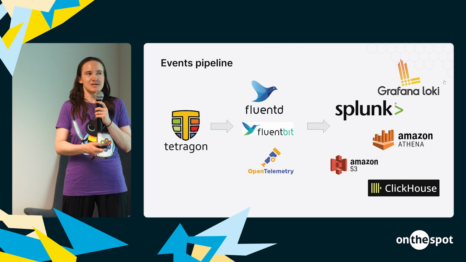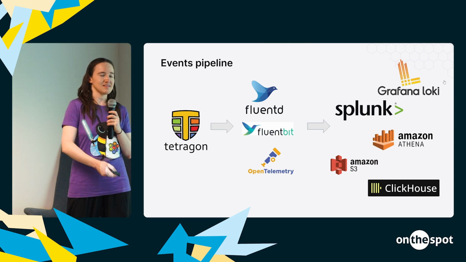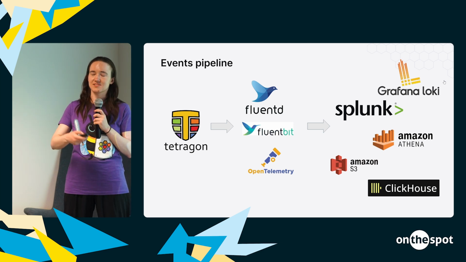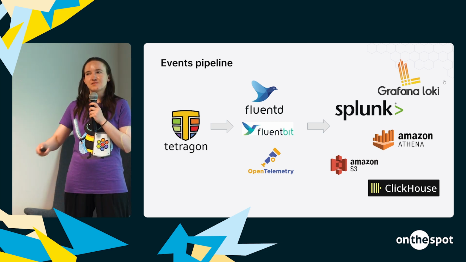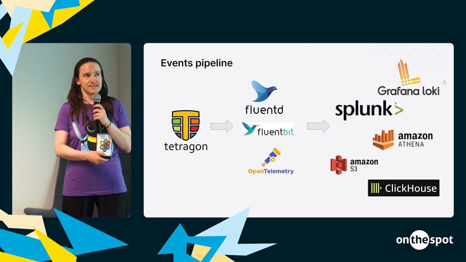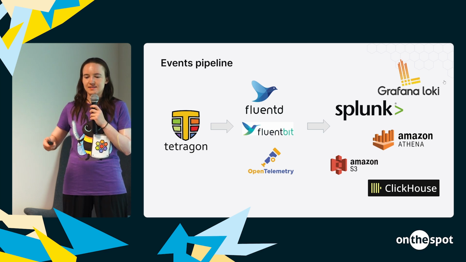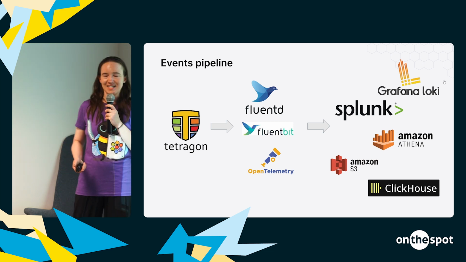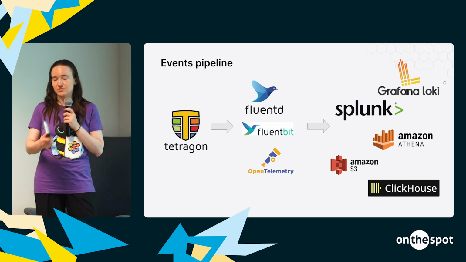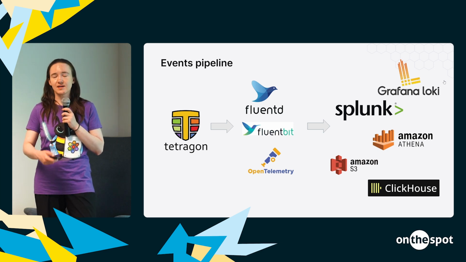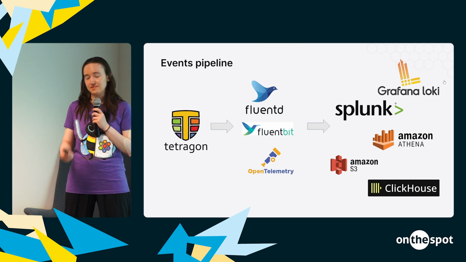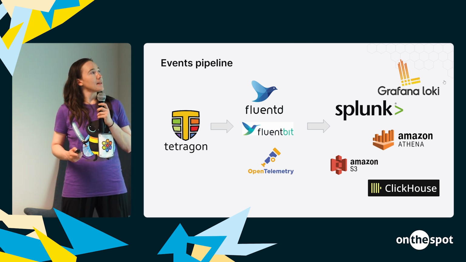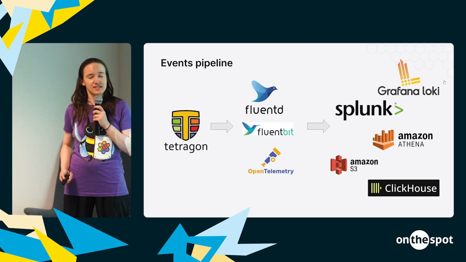Because we kept Tetragon that simple, that it just produces JSON events and stores them in a file, most users who have something like this already in place, which means any medium-sized or large organization, can just reuse their pipeline to process Tetragon events and do something with them. So this is what happens to events.